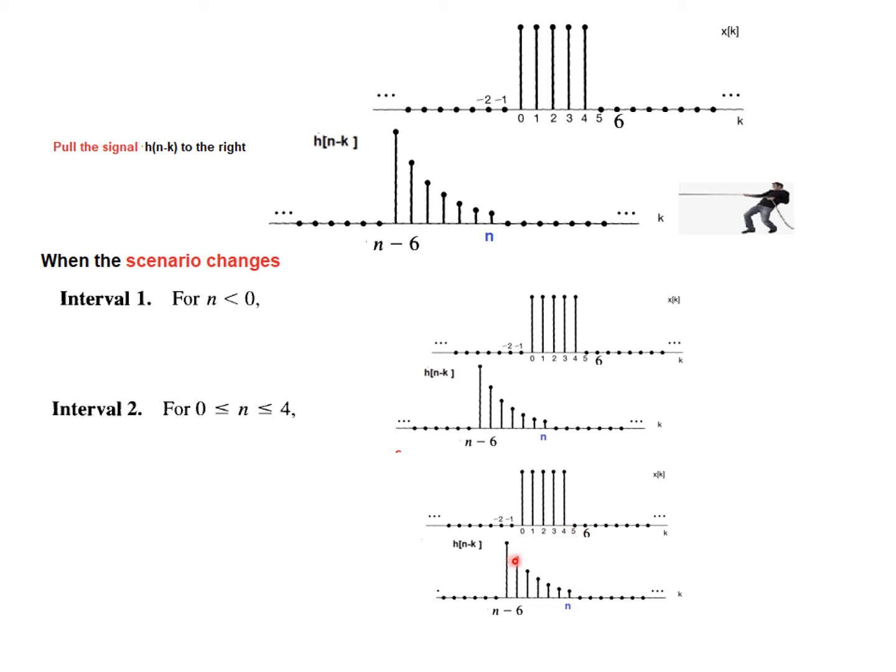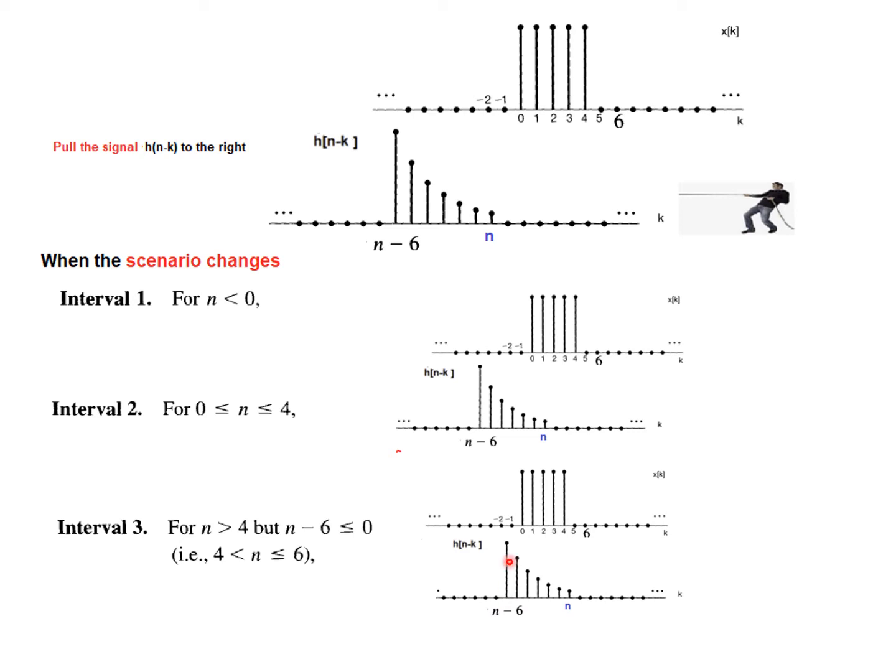The change in the scenario will continue till what time? Till this crosses 0. When this crosses 0, the left side will become open. So the next limit, we will call interval 3, will be for n greater than 4, but n minus 6 less than 0.